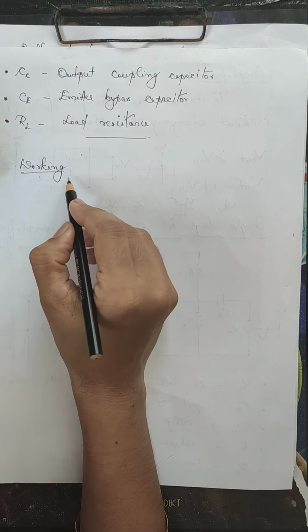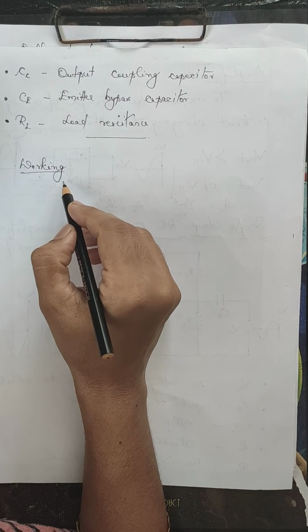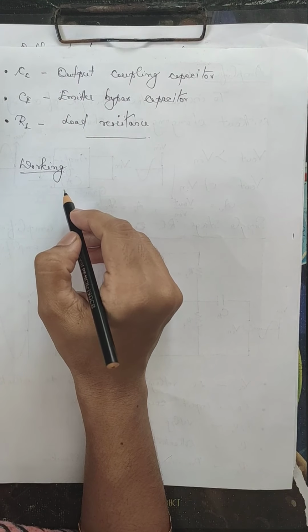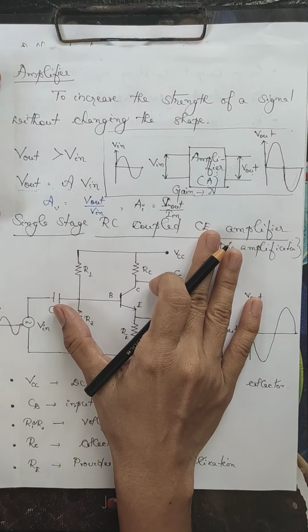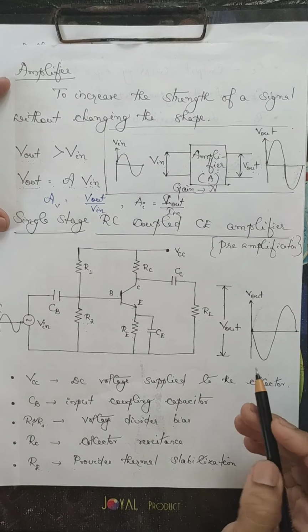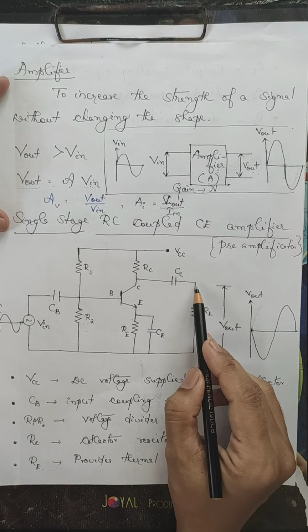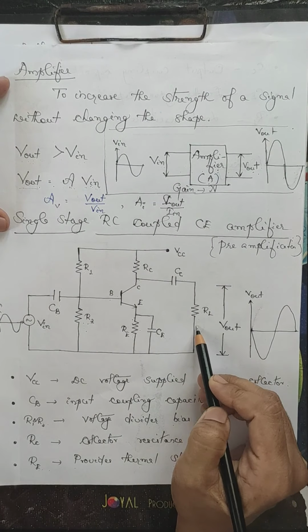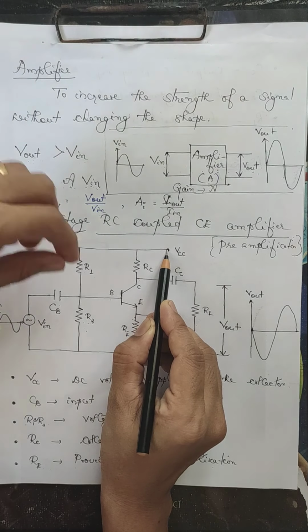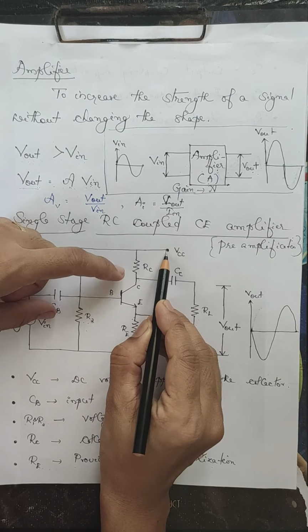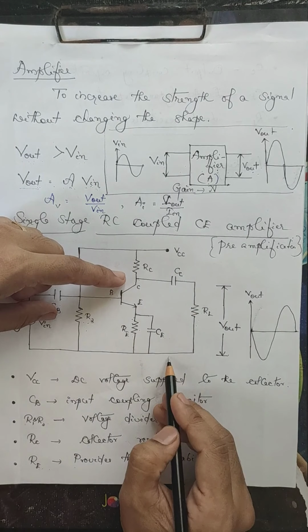So let us see the working of the single stage RC coupled common emitter amplifier. So we have already said that we are taking the output voltage across the load resistor RL, and VCC is the voltage applied across this point. That means this is the voltage between this point and the ground.